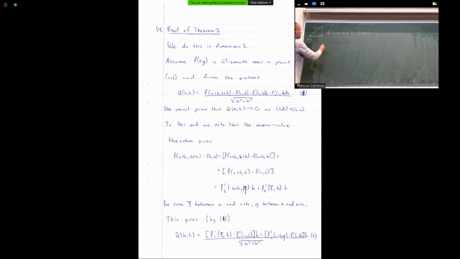So what's this point here? It is (a+h, ... sorry. Which way do I want to go? Let me see that I do it the same way as they do it in the proof papers, otherwise it gets just messy.